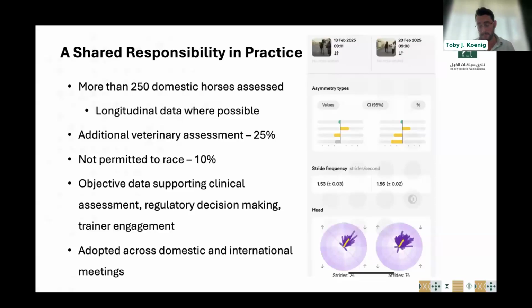In many cases, mainly domestically, the data that we see supports a return to racing decision. In others, it's reinforced the need to take a step back and reassess further. But the value here is not just in exclusion of horses from racing. In Saudi Arabia, it's been a great source of guidance and education. So it's just as important to convey that from a regulatory perspective, objective tools like Sleip, as Bronte said, do not replace our clinical decision-making and assessment.